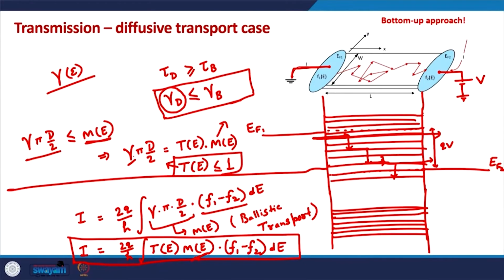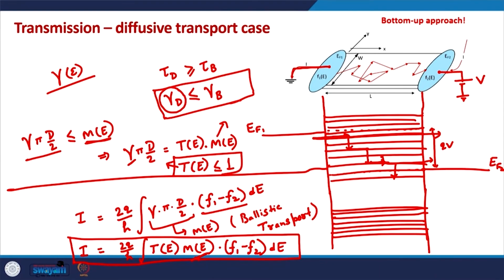And in order to find out the transmission coefficient, we need to know what is gamma in the diffusive transport case. And in order to find out gamma, we need to find out what is T in the diffusive transport case, or what is the transit time, tau d, in the diffusive transport case.